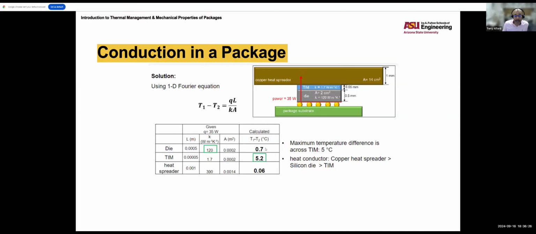Now, if we look at the difference in temperature, we have 0.7, not a whole lot.